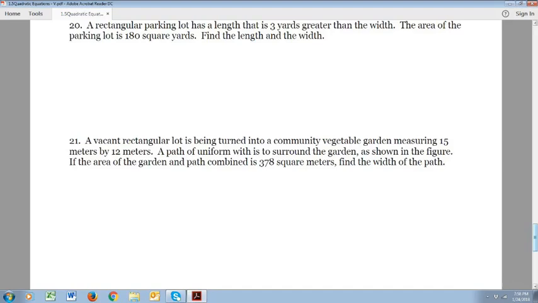So it says a rectangular parking lot, let's go ahead and put one in, has a length that is 3 yards greater than the width. So it's comparing the length to the width. So if I know the width, then I can write the length in terms of the width.